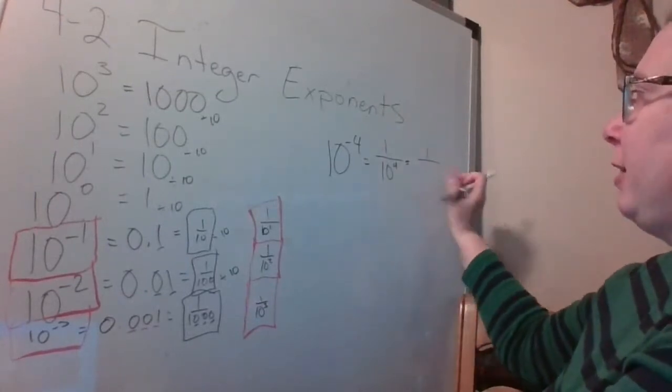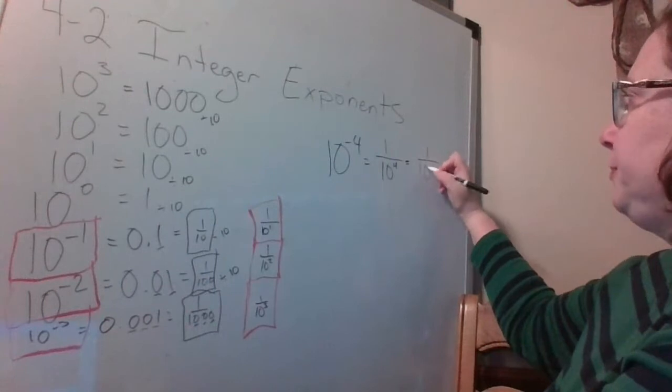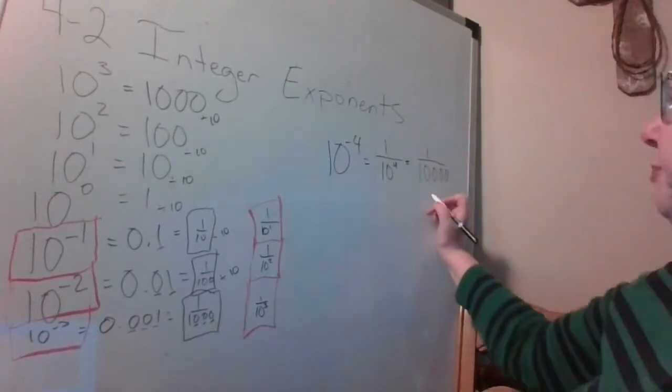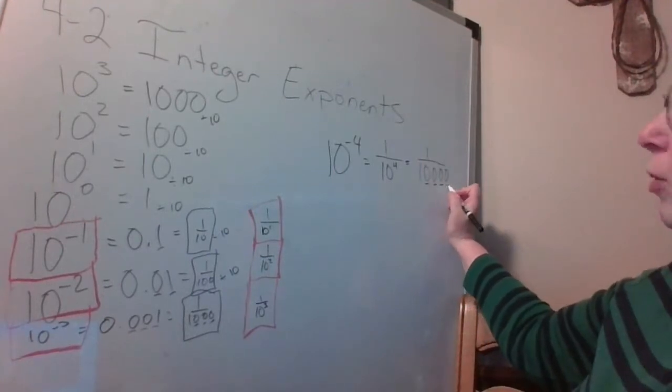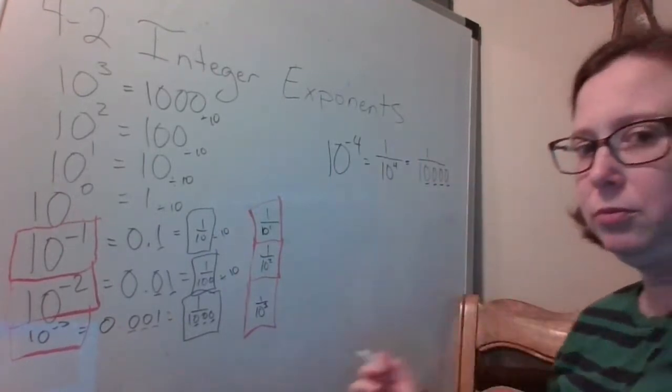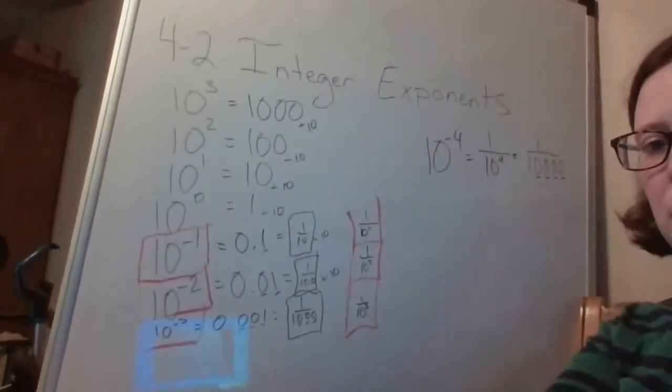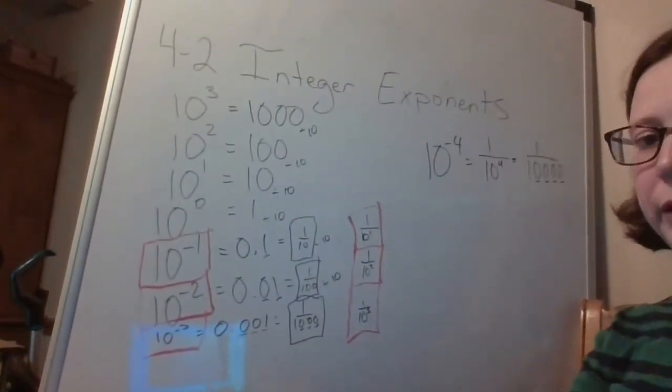We can simplify this and say 1, a 1 with 4 zeros. So there you go.